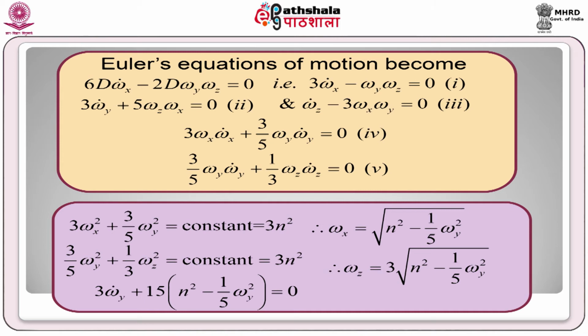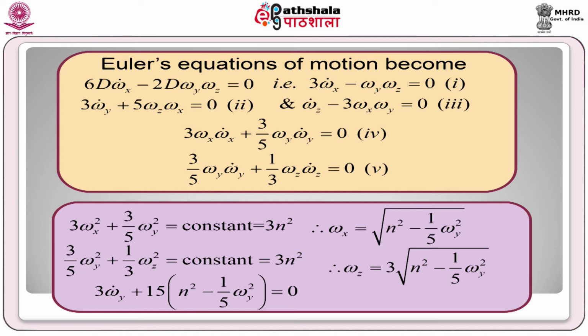Multiplying equation 1 by omega x and equation 2 by omega y divided by 5 and adding, we get this equation. We have just multiplied in such a way so that the product term vanishes, that is, this term cancels with this one.